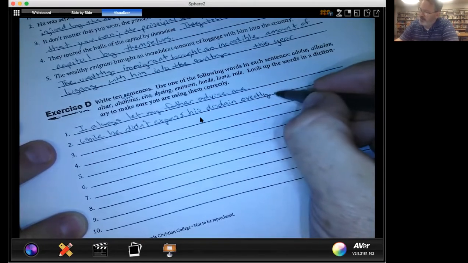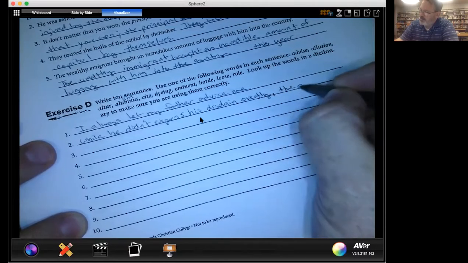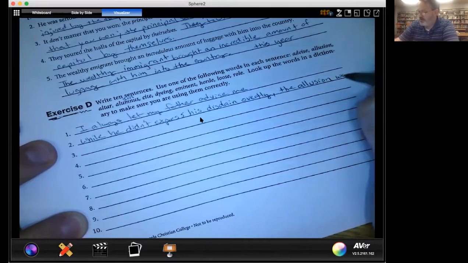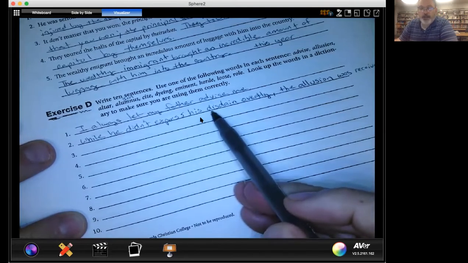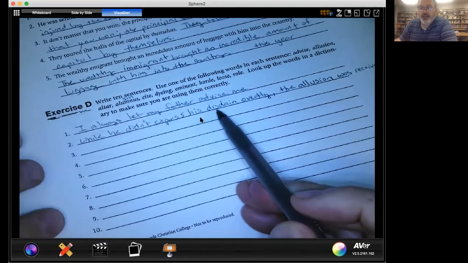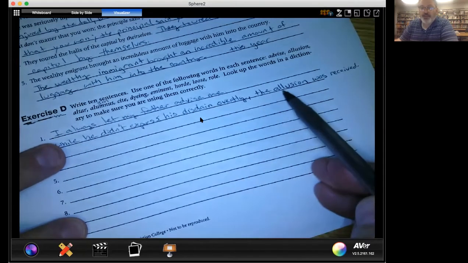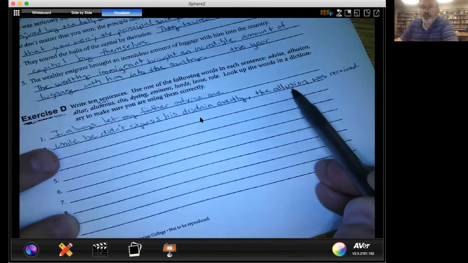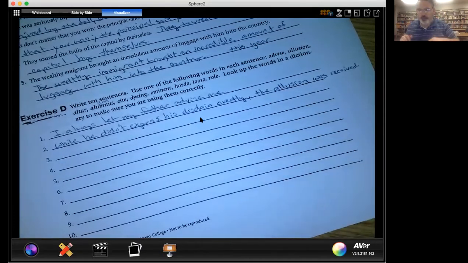While he didn't express his disdain overtly, the illusion was received. Meaning, he didn't specifically say that he extremely disliked me or it or whatever it is we're talking about, but I still received or understood what he was alluding to, that he disliked severely. Okay.